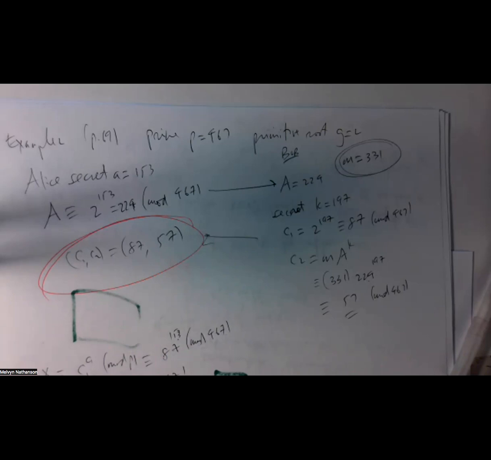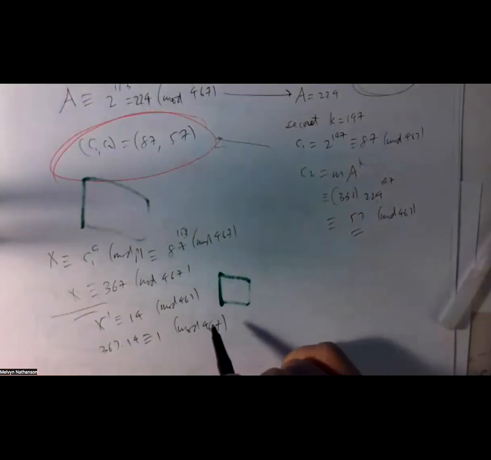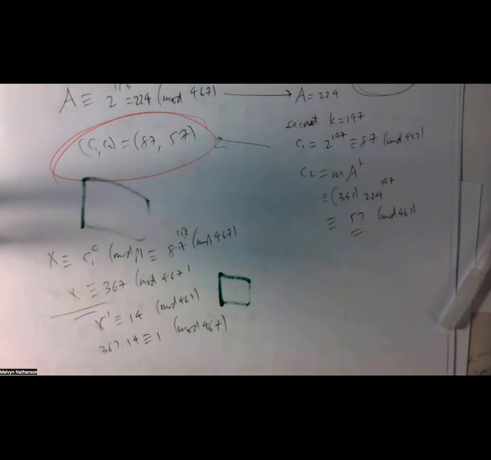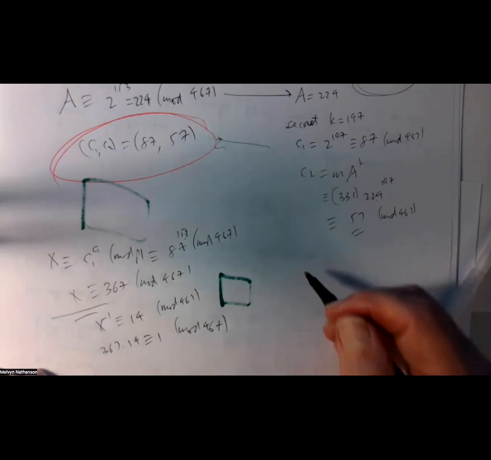Then it turns out X inverse is just 14 mod 467. 367 times 14 is going to be congruent to 1 modulo 467. And the very last step is to calculate.